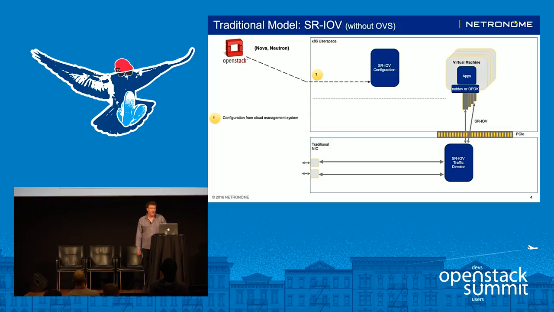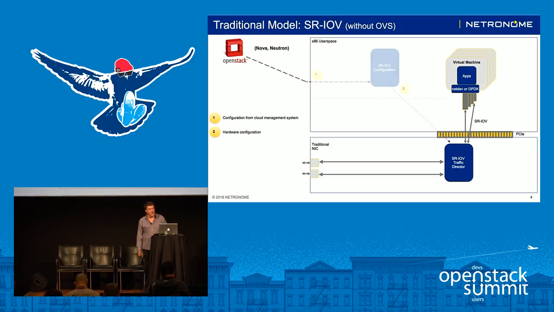The SRIOV style of forwarding traffic to VMs involves really basic configuration driven from OpenStack, setting up things like MAC addresses and VLAN tags that are then used to pick to which SRIOV instance certain packets get sent.